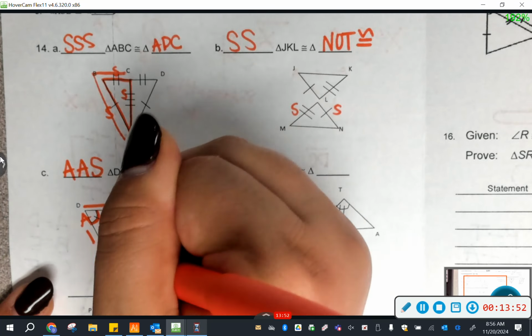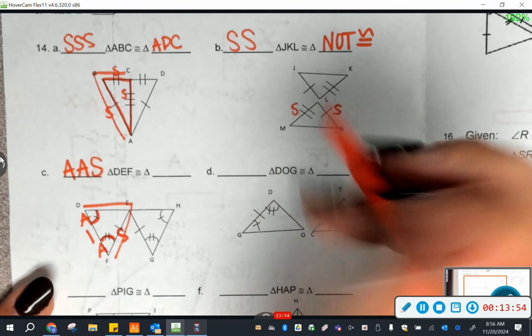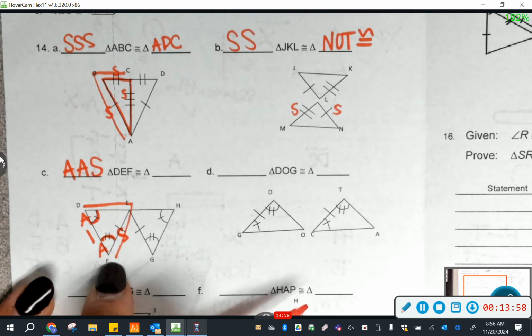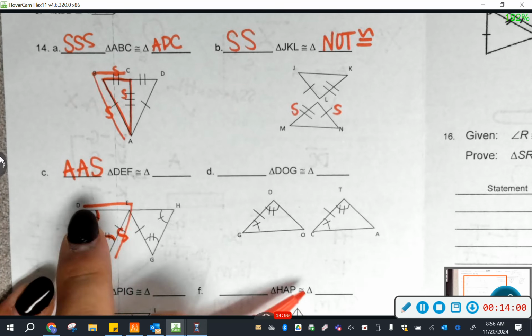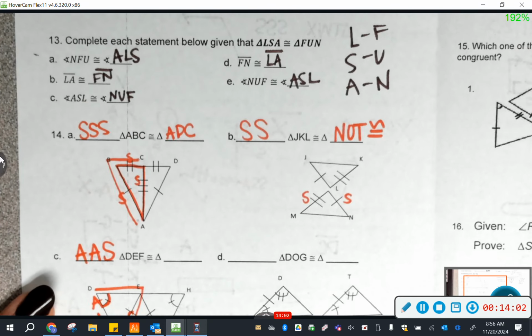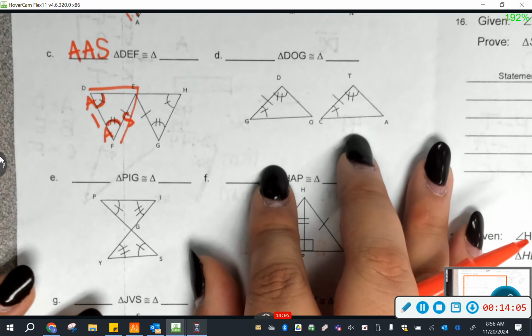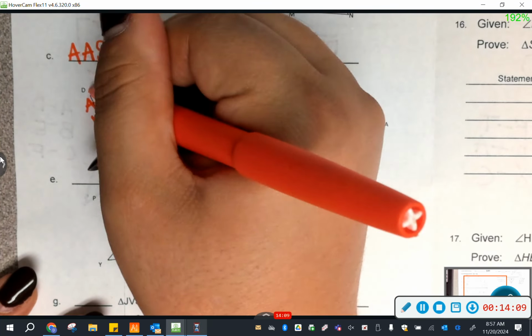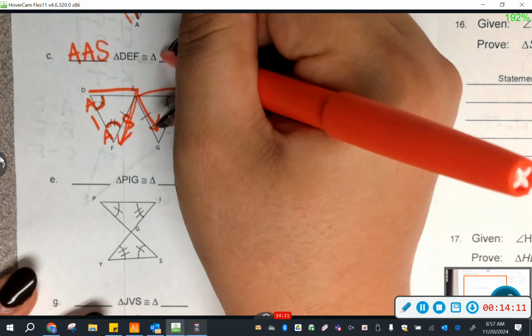So DEF goes with what? EHG. Be careful. D has an arc. H-E-G. Very good. Good correction. You have to pay attention to the order. D-E-F is going to go with H-E-G.